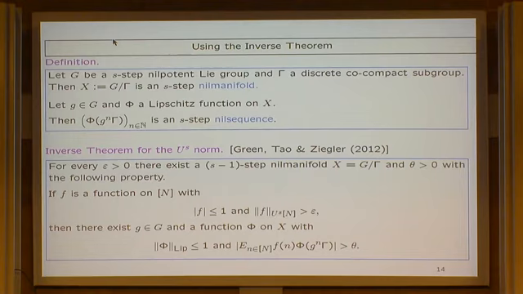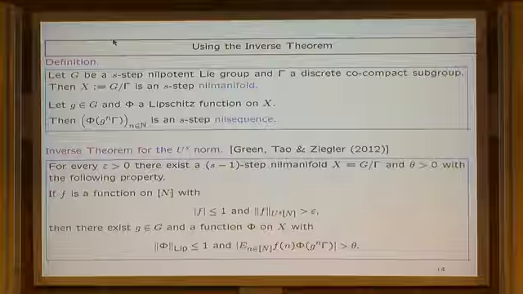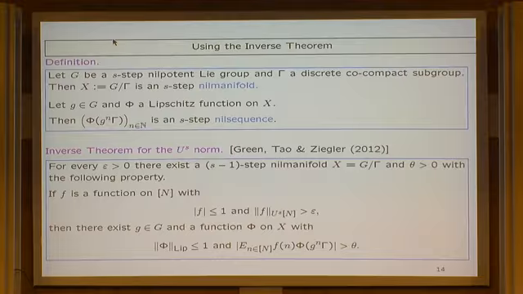Before reading this theorem, a comment: it is the best analog that we can have for the Parseval formula. The Parseval formula computes the L2 norm of a function by comparison with Fourier coefficients. Here we don't have Fourier coefficients, but you have a weaker and more intricate form, a similar form.